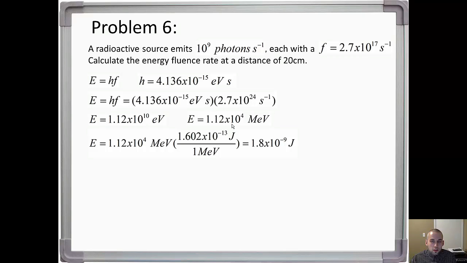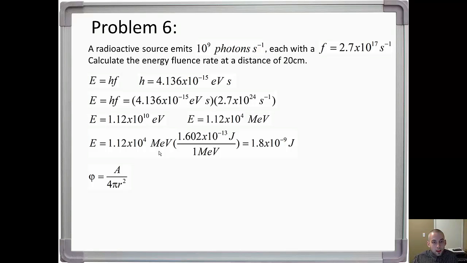So let's go ahead and calculate the fluence rate now. Notice that it says radioactive source. It does not say point source, so you assume that it has a volume, unless they specifically say point source.